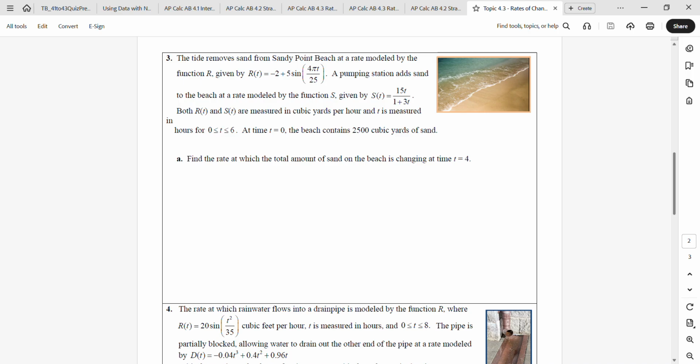Yep. So you have r of 3, the rate at which the water is coming in, at 5.0864, and the rate at which it's coming out is 5.4. So somehow that partial block is actually speeding things up. Somehow. Yep, that's true. So, alrighty.